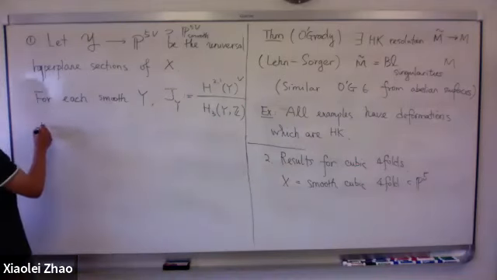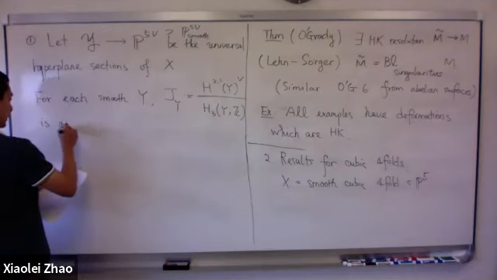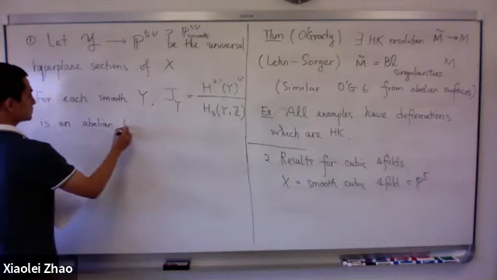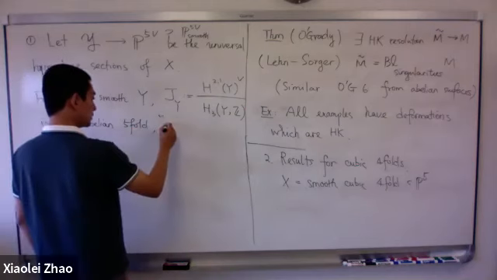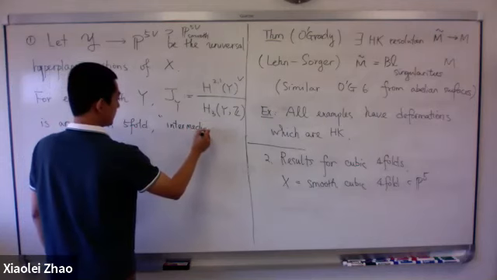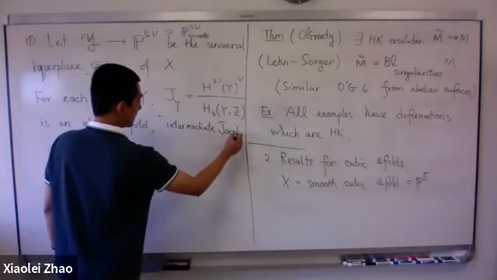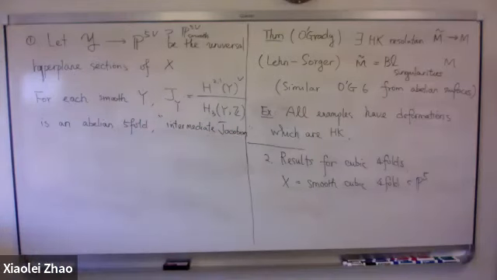Okay, so this is a 5-dimensional abelian fivefold, known as the intermediate Jacobian of this cubic threefold.